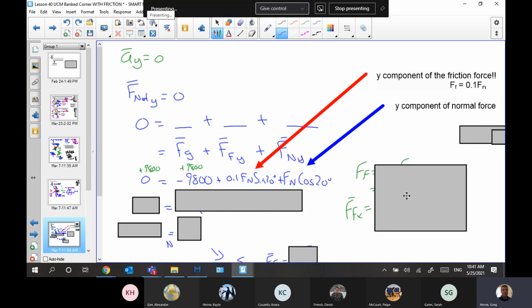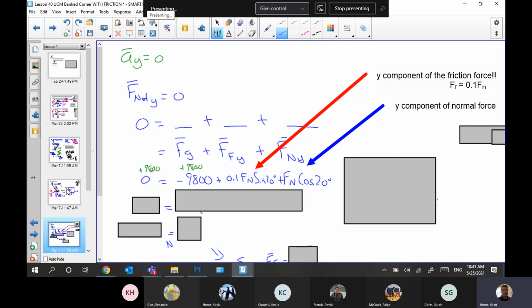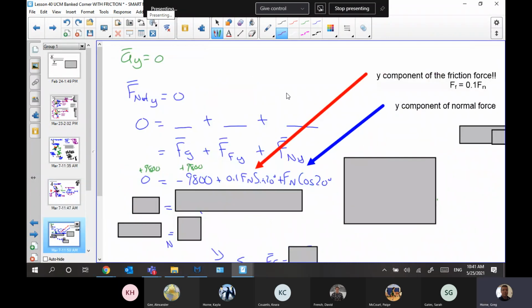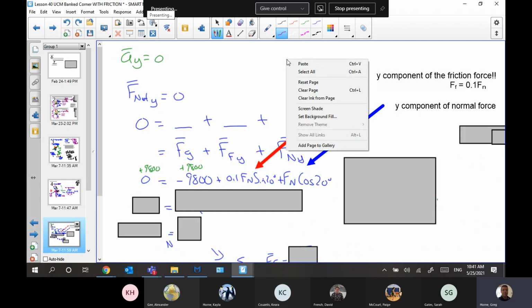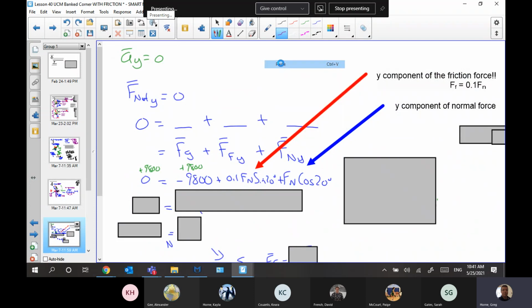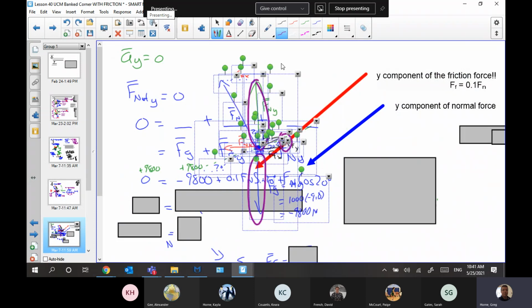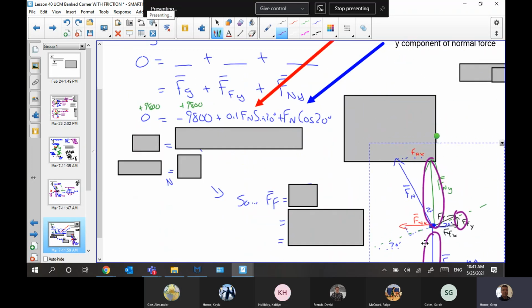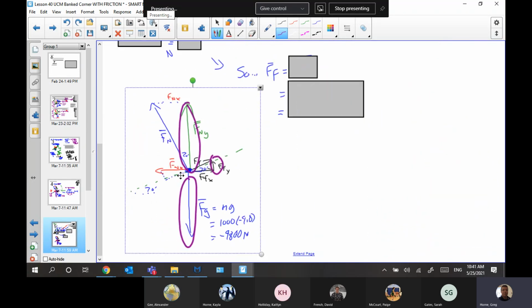Now, I think we need a copy of this free body diagram over there. So let me see what I managed to get here. I'm going to go over here, paste that in, I think. Group it so that it's contained, move it over, and clean it up a little bit here. Let me just move this down.